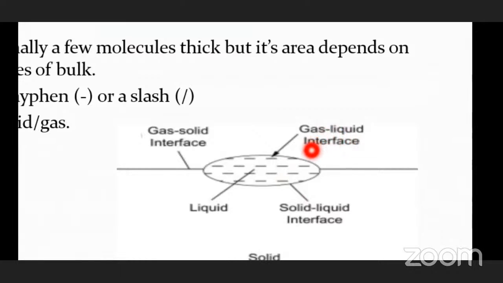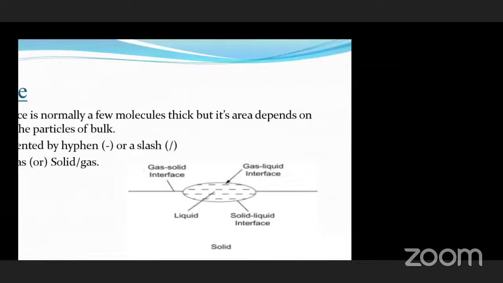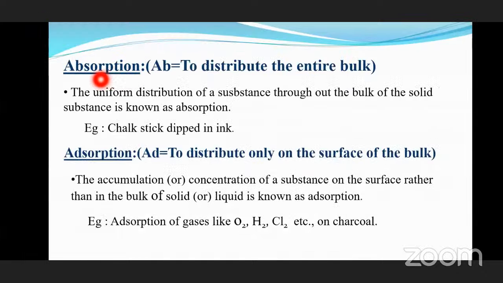Based on this, we have to know the following terms: absorption as well as adsorption. What is the meaning of absorption? The uniform distribution of a substance throughout the bulk of a solid substance is known as absorption.